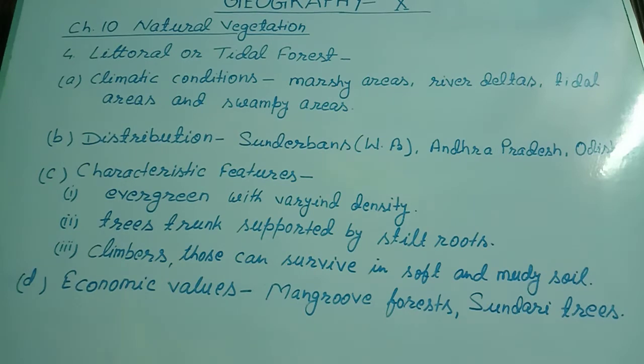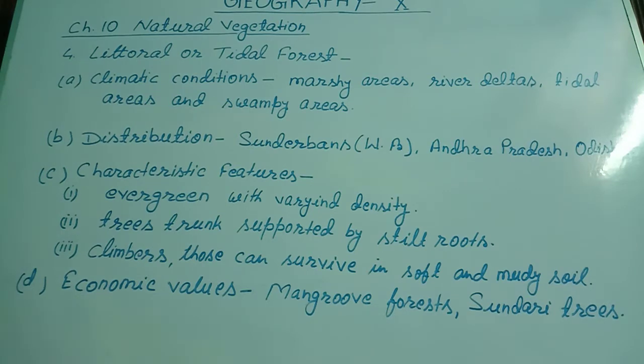Another, Andhra Pradesh, Odisha, wherever you find a delta, such as the delta of Mahanadi, Godavari, Krishna, Kaveri. In all these deltaic regions, we can notice the littoral or tidal forests.